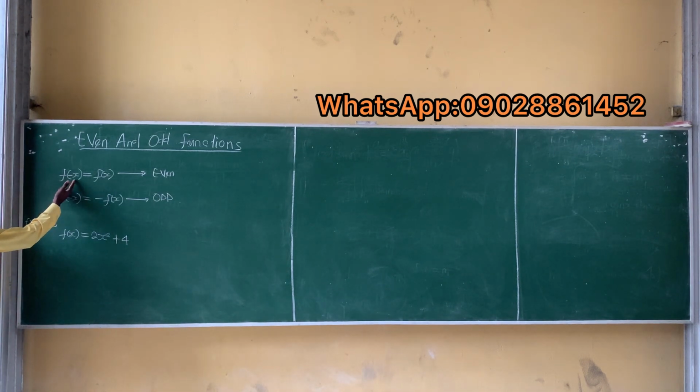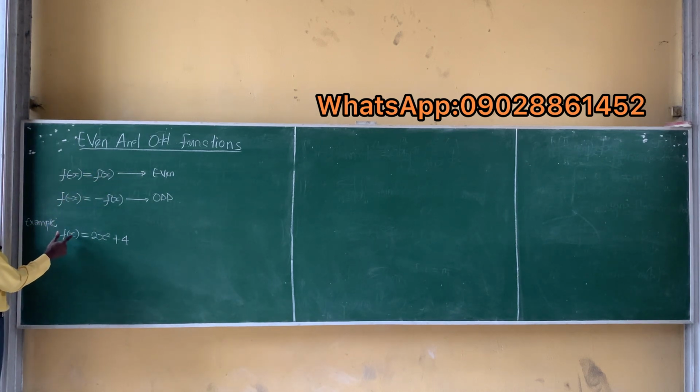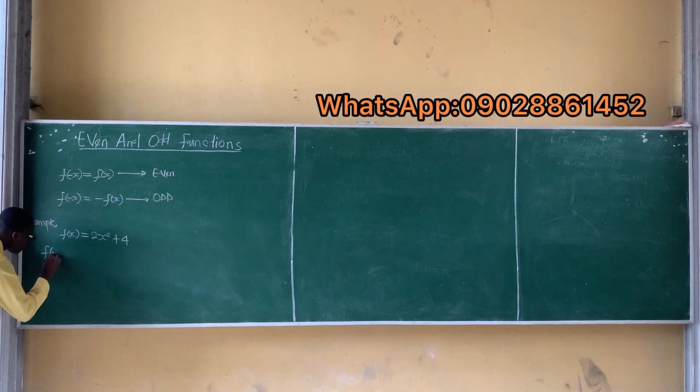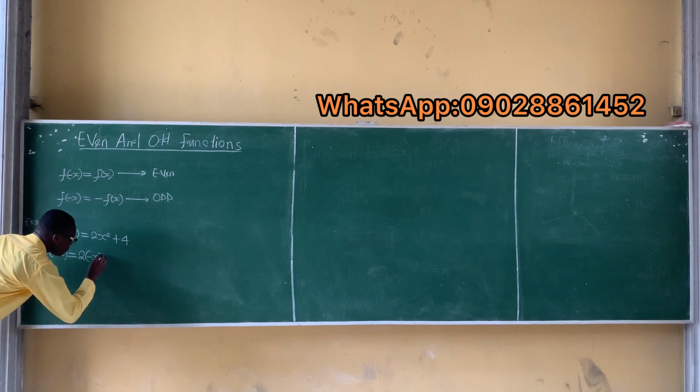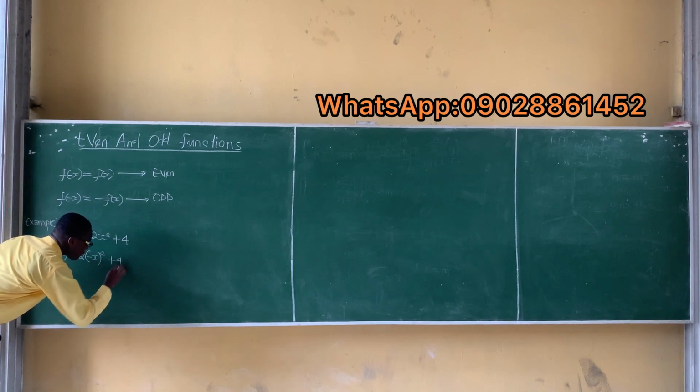If we take the negative of x and we get the function, then the function is even. Let's substitute minus x for x. So we have f of minus x equal to 2 times minus x to the power of 2 plus 4.